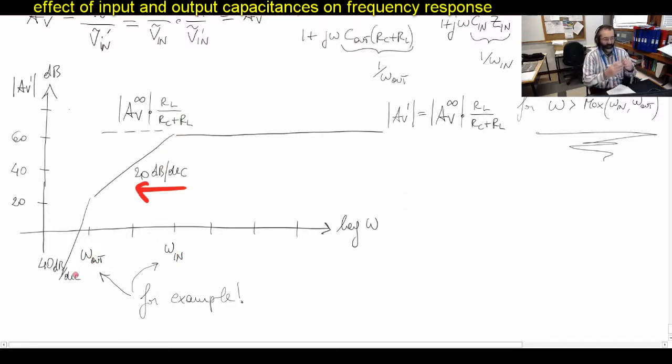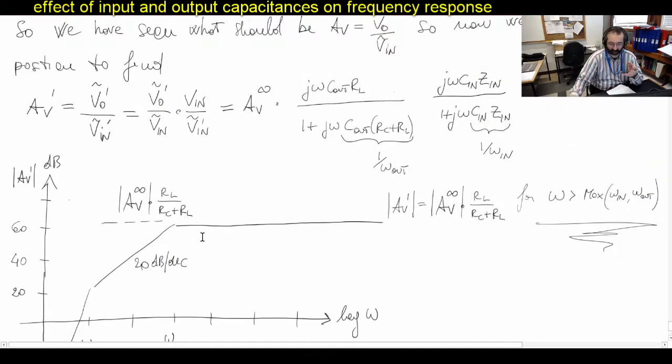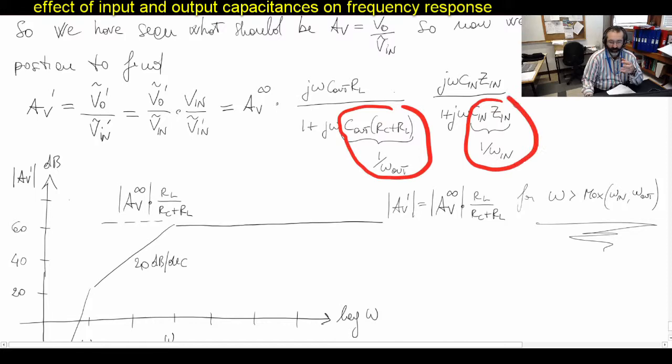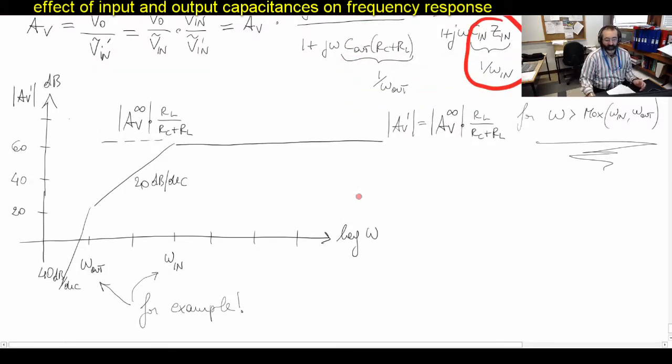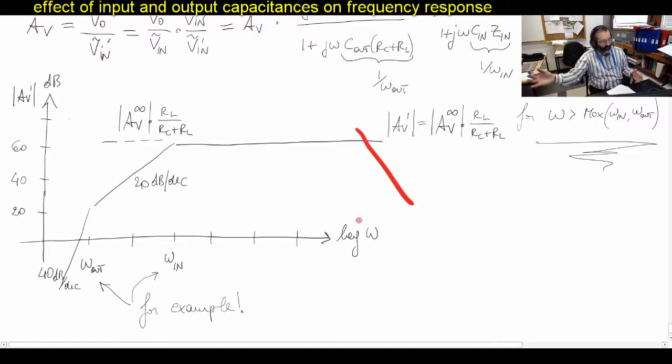So this is the key thing to understand. And remember, the omega in and omega out are defined from these equations. So what is limiting then at high frequency?